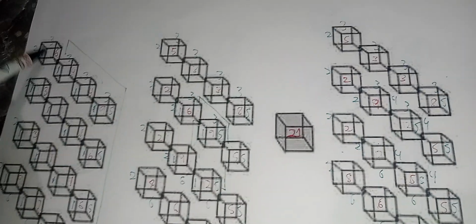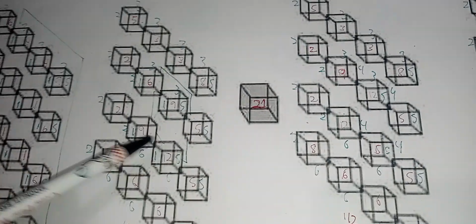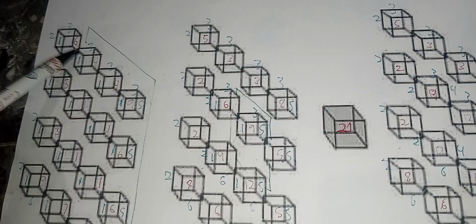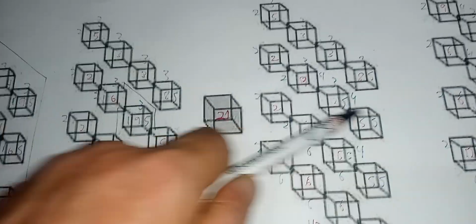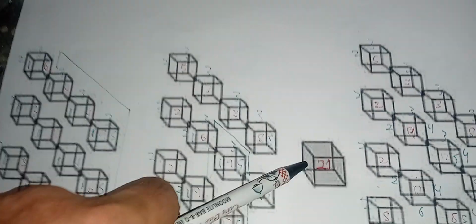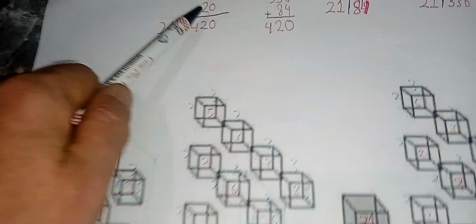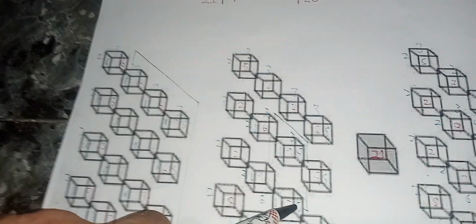a nested cube. This is a 4 by 4 with a nested 2 by 2 by 2. When you add up the micro central ghost numbers of all these cubes, it gives you 420, and when you divide the original central ghost number into it, it gives you 20: 16 up here, 4 back here.